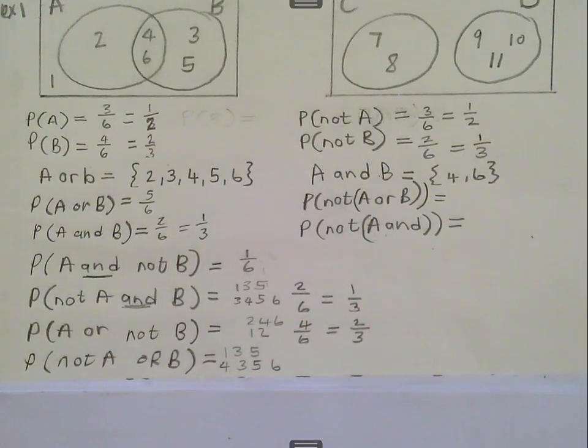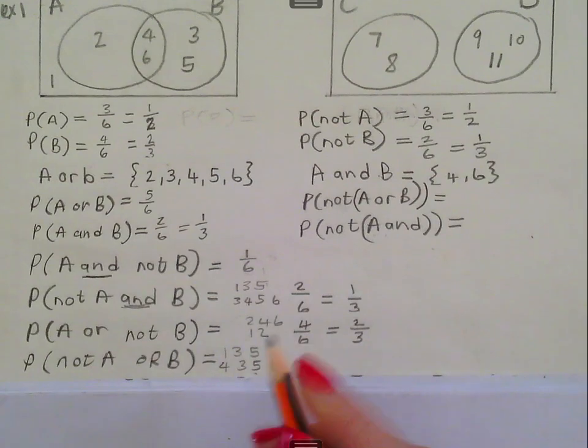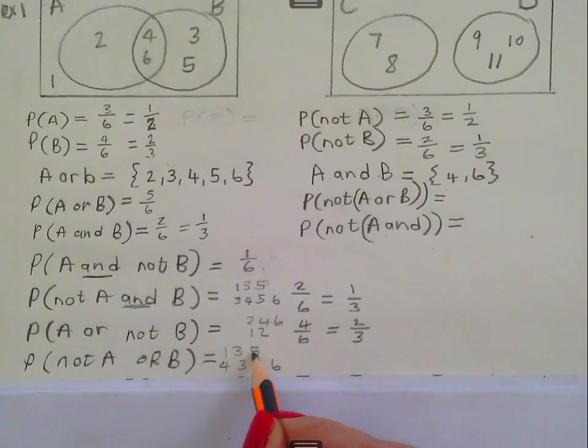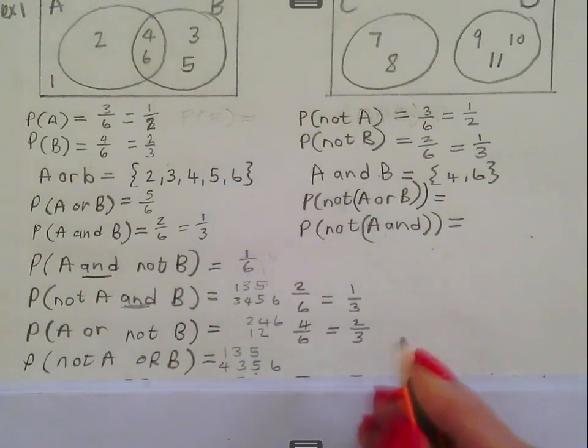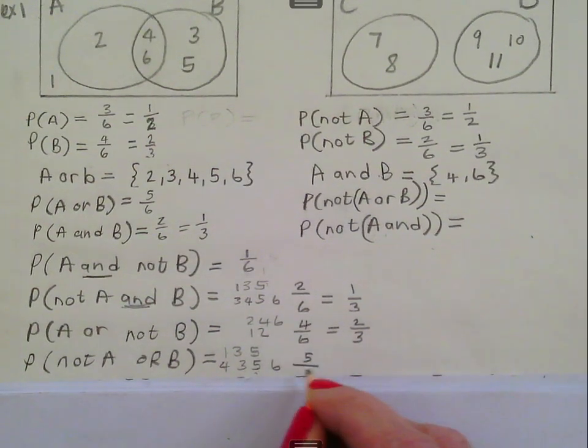If they asked for "and", we would have chosen 3 and 5 because they repeat. But this is "or", so it must at least be one of them. So it's going to be 1, 3, 5. That's 3, plus 4. Not them again because I already have them. And 6. Can you see that? So it's 1, 2, 3, 4, 5, five numbers that are either not A or B. So it's going to be 5 over 6.